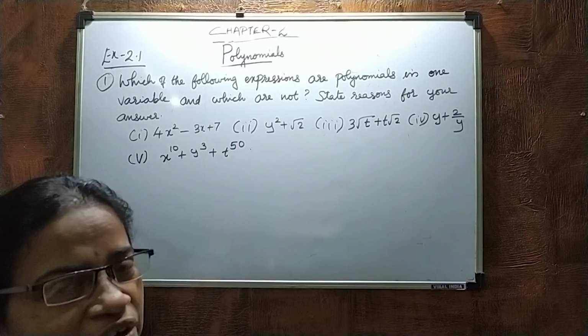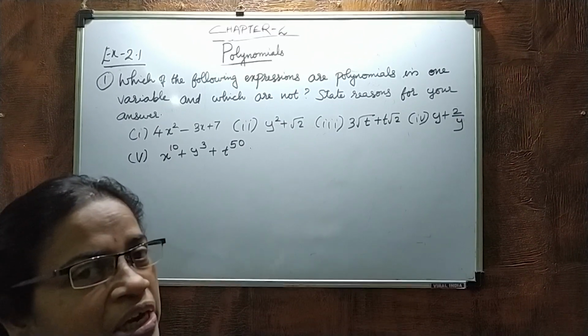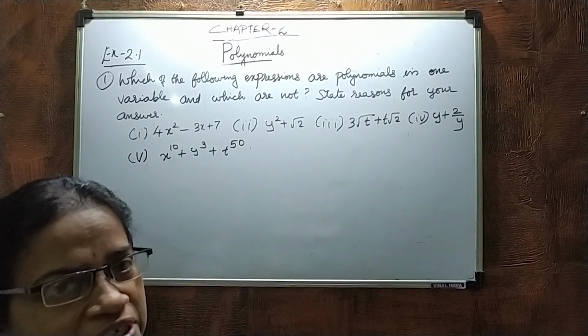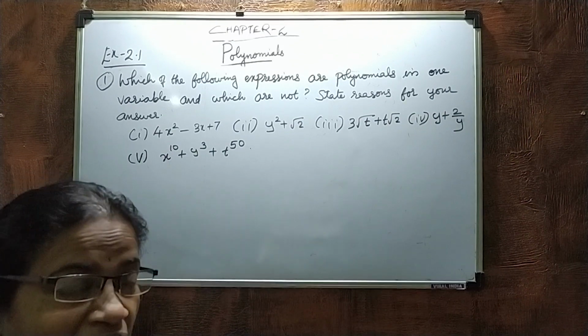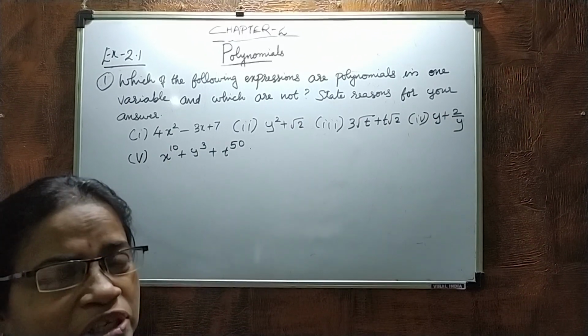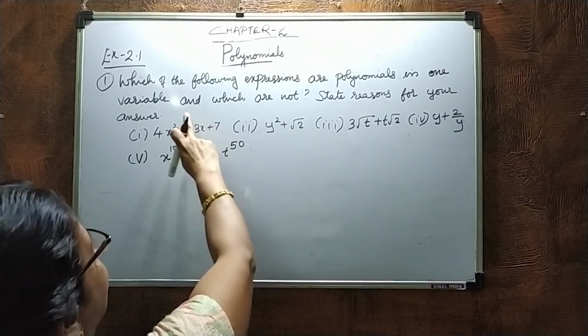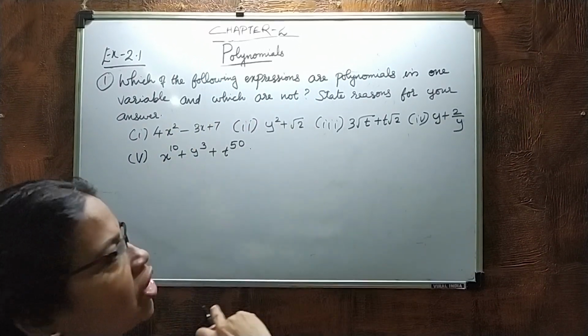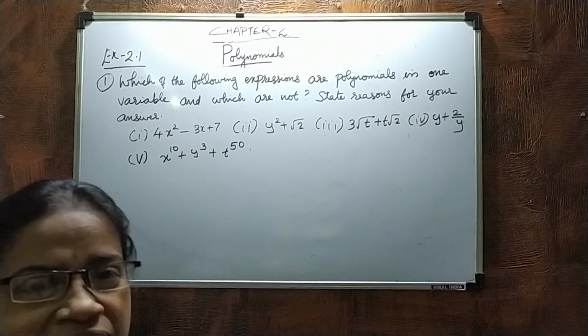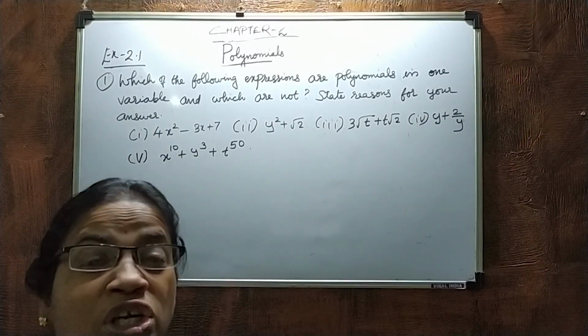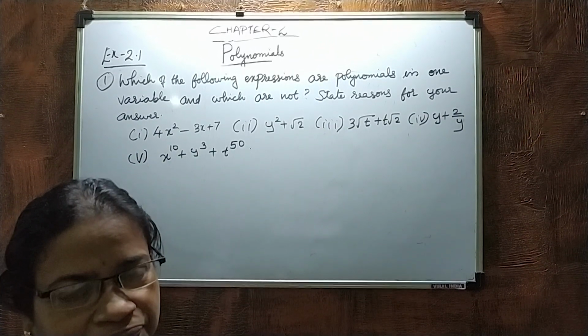I told you what variables are: you have to remember the alphabets A, B, C, D, etc. And one variable means only one alphabet should be there in that polynomial. Clear?